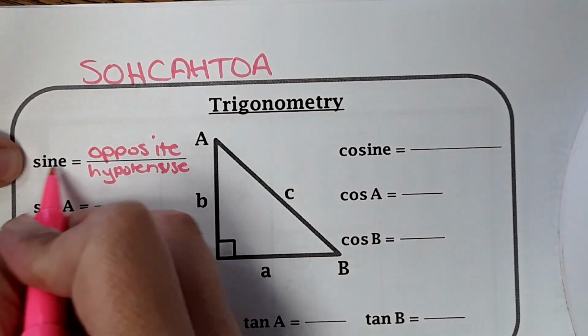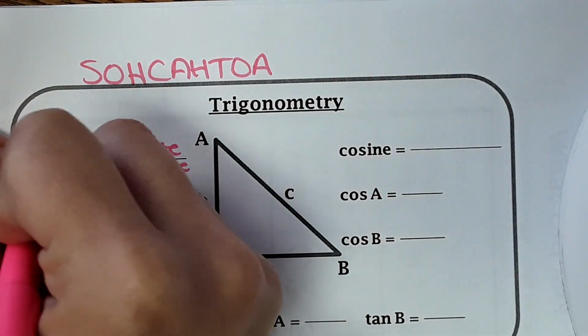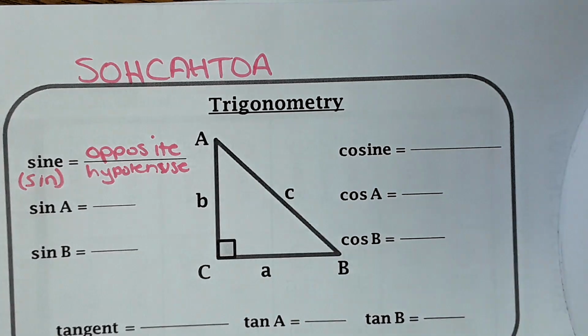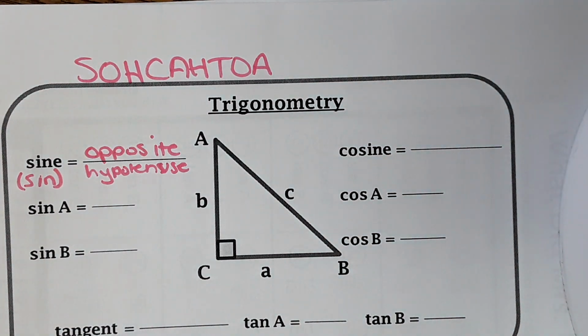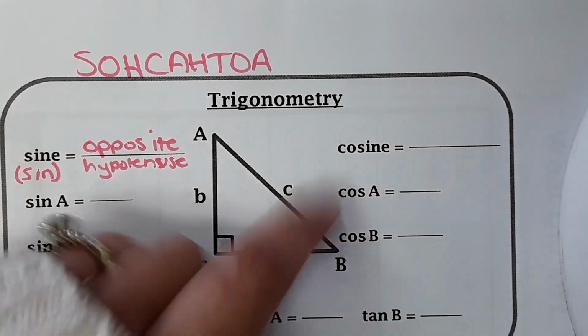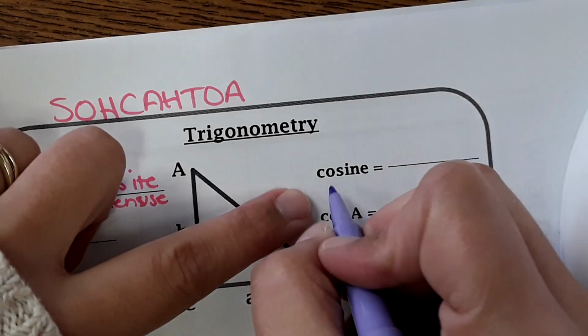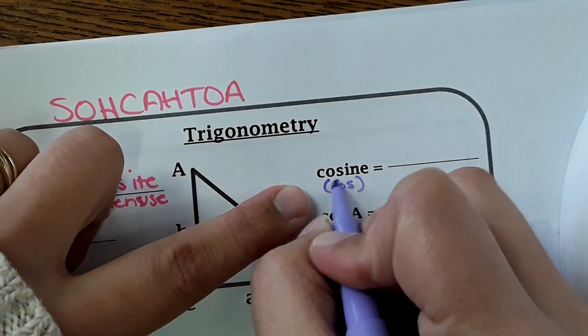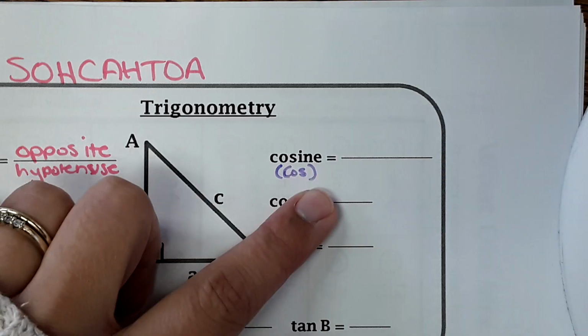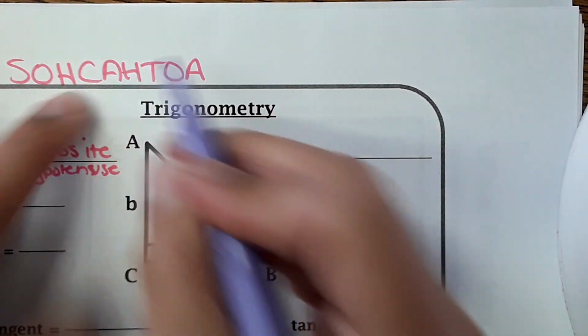And then sine is actually spelled out like this, but in the calculator we see it abbreviated SIN. But we still say sine, not sin. Okay, and then cosine over here, the abbreviation is COS, so on the calculator you see that as the abbreviation, and cosine is adjacent over hypotenuse.